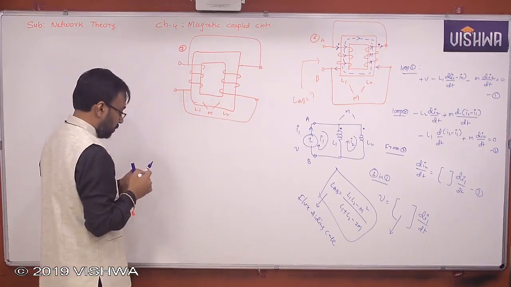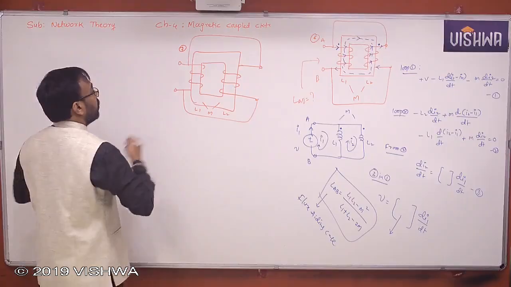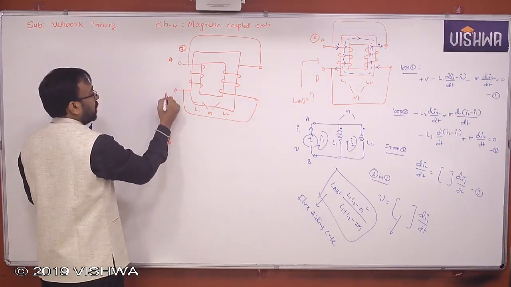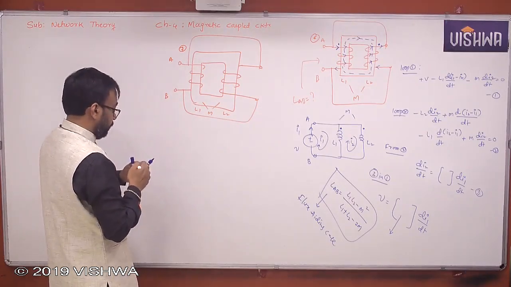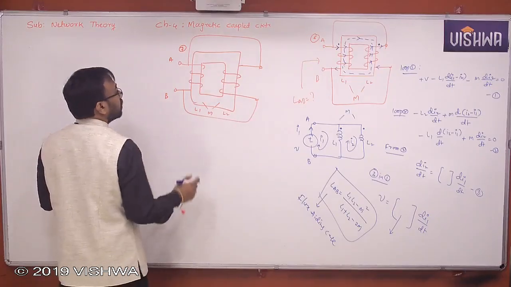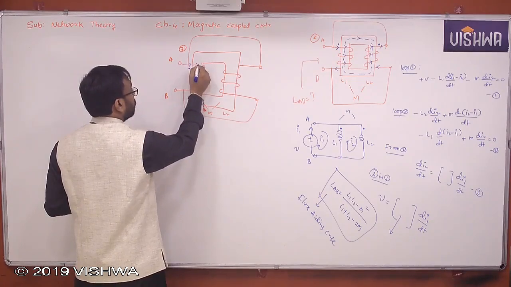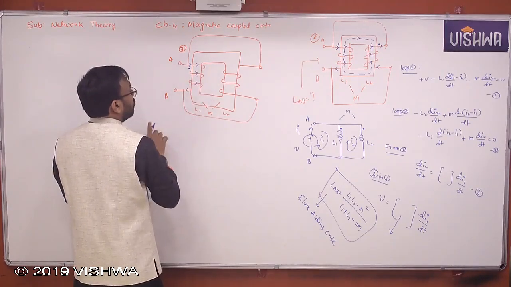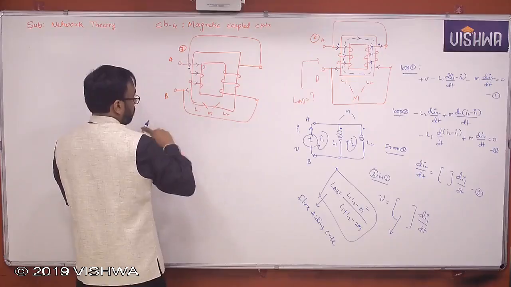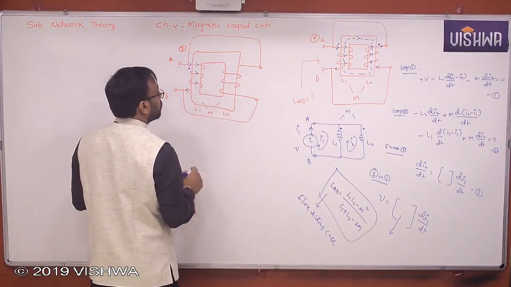This is A, this is B. Now the dots, let's see. What are the dots? Here it is entering dot. Flux developed and interacting with this. It opposes.